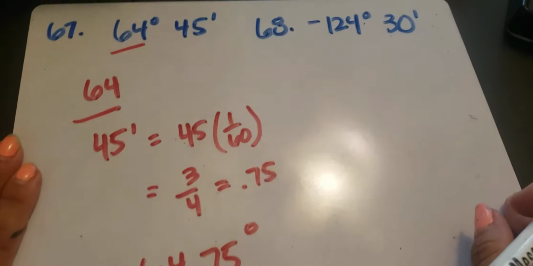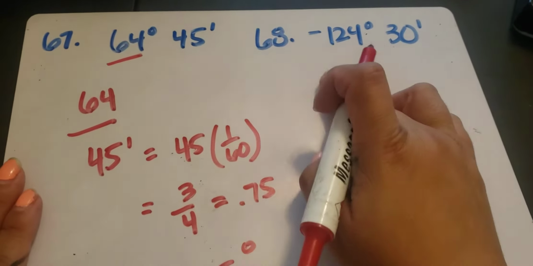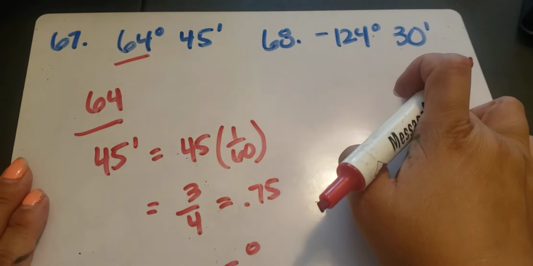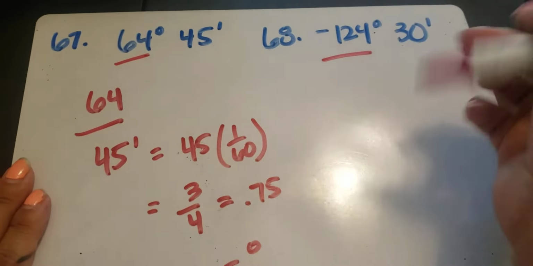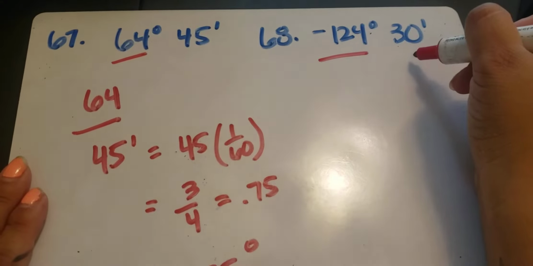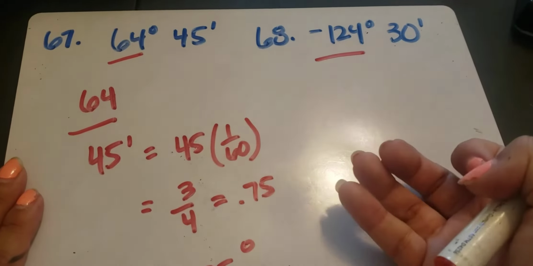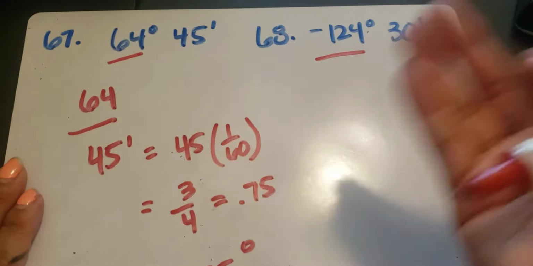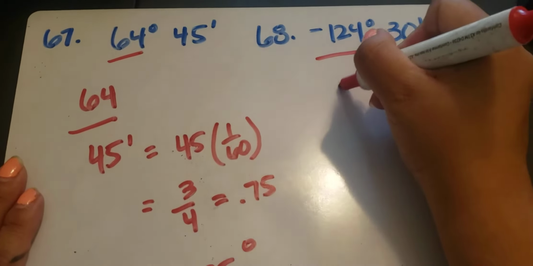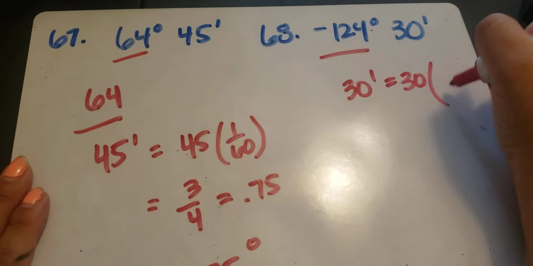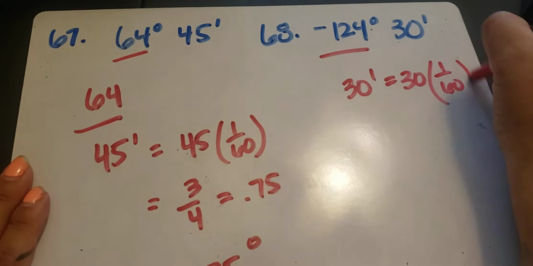Okay, so now moving on to 68, I have negative 124 degrees and 30 minutes. Again, the degree doesn't change, that stays the same. All I'm going to do is convert my minutes to decimal, because I want to write it as a degree. So 30 minutes is the same as multiplying that by 1/60th.